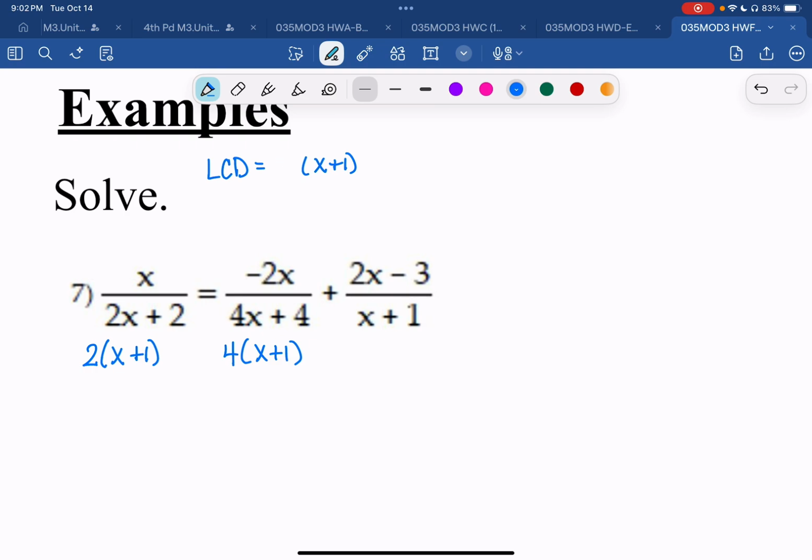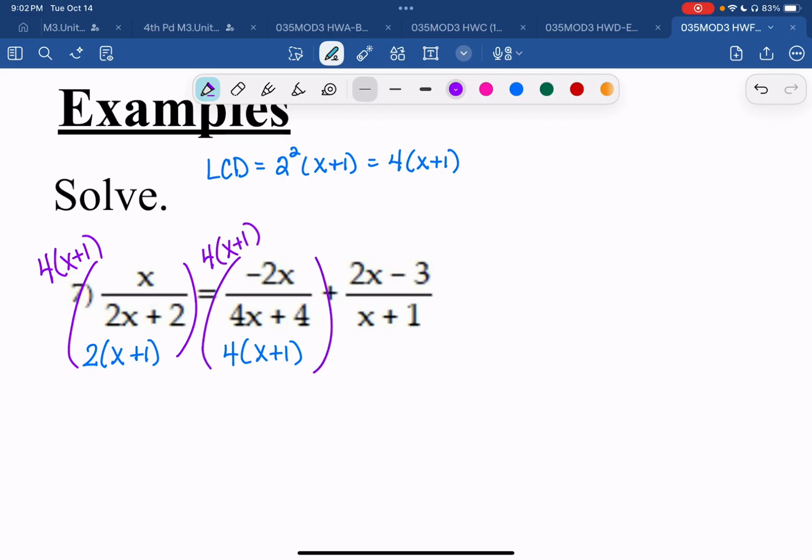So 4 is 2 squared. So I know it needs to be 2 squared. So we're going to say that our LCD is actually 4 times x plus 1. So when I go through, I'm going to multiply each term by 4 times x plus 1. Okay.